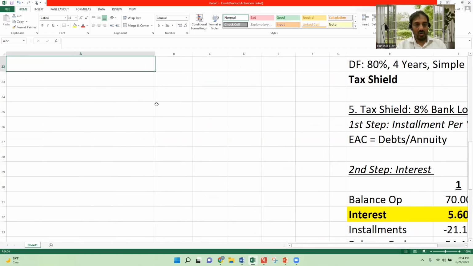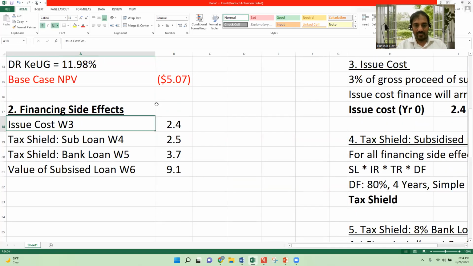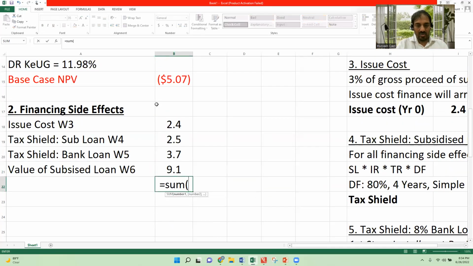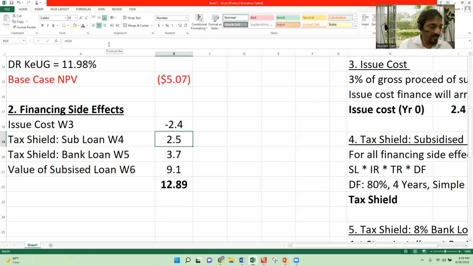9.09. I hope that is all clear. Is equal to sum, 17.69. That is the financing side effects. Issue cost first, that is minus 12.89. Issue cost is minus. Okay, this is the issue cost.